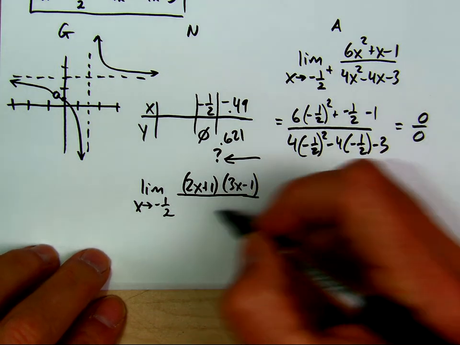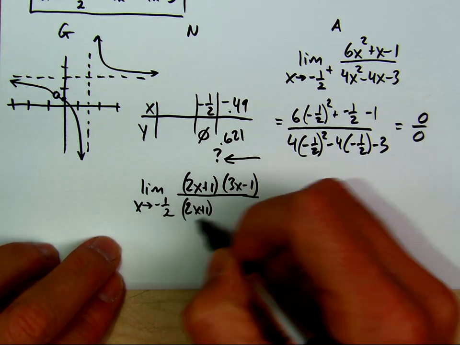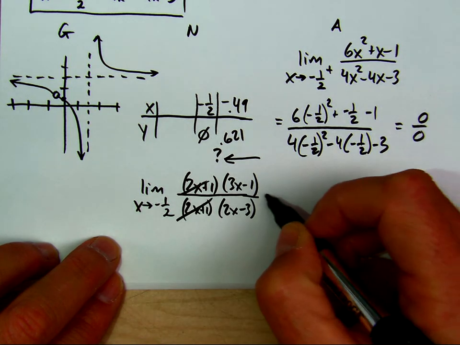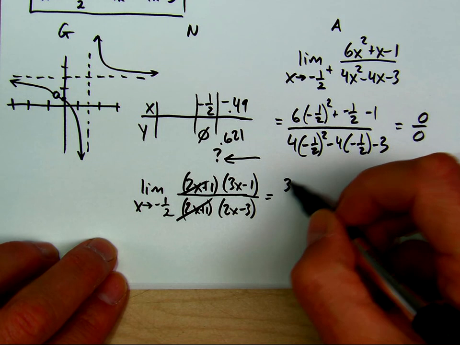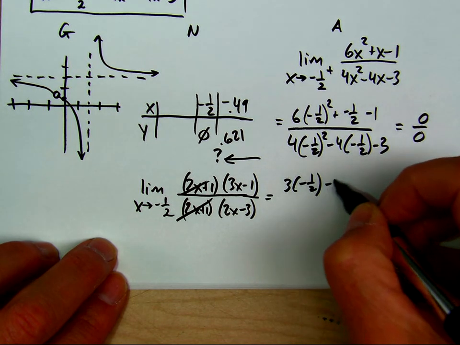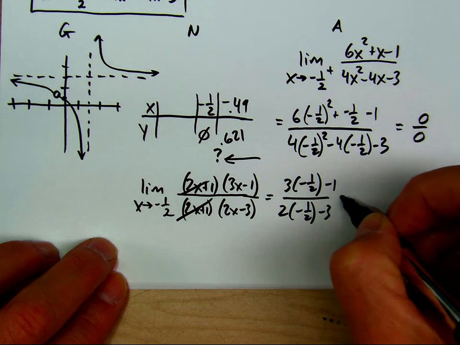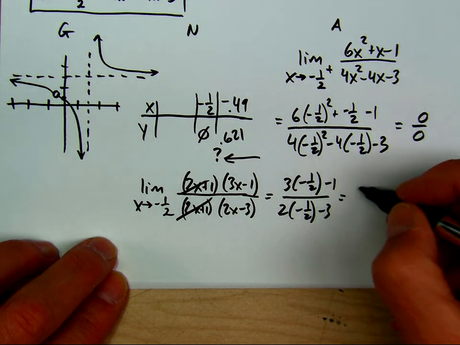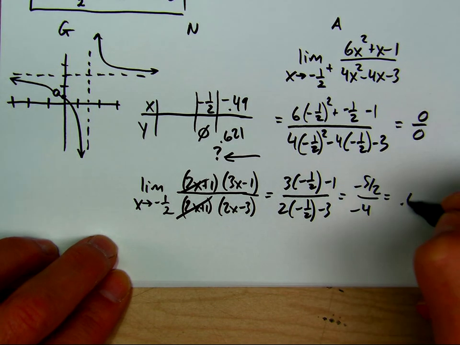And factor the denominator. Now if we substitute negative 1/2, 3 times negative 1/2, 2 times negative 1/2, and we get negative 5/2 divided by negative 4.625.